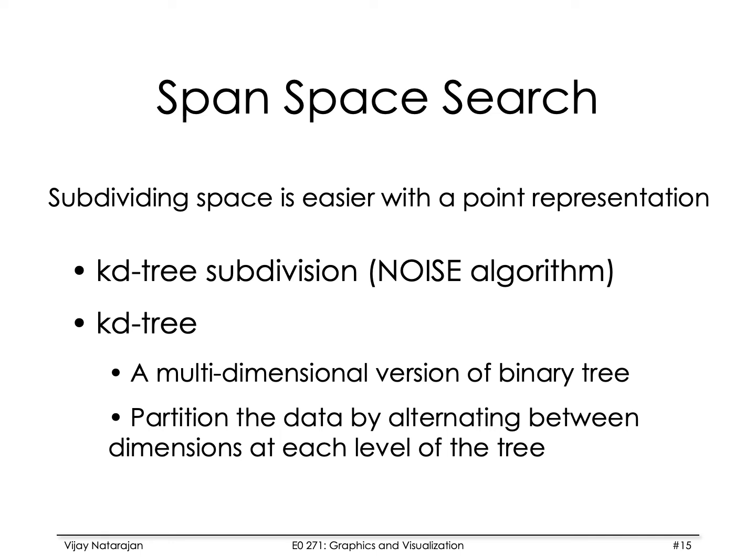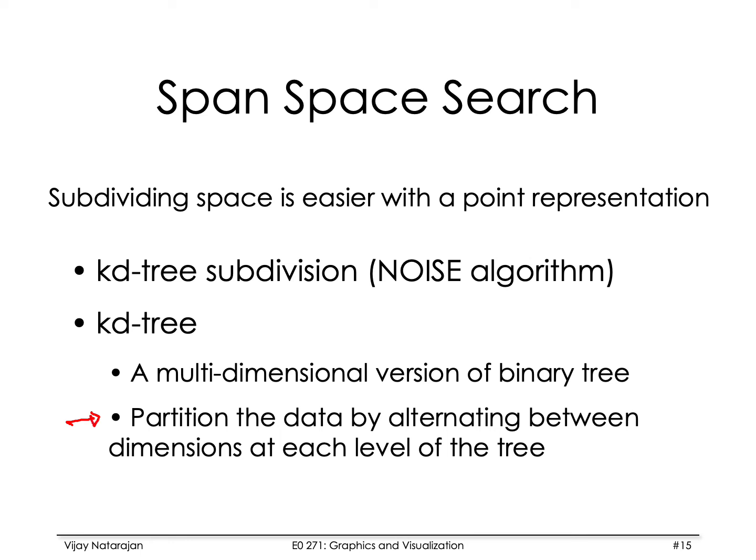More importantly, the KD tree is a generalization of the octree in the sense that it partitions the set of points into equal halves at every level in the tree, first of all by alternating between the dimensions at each level of the tree.